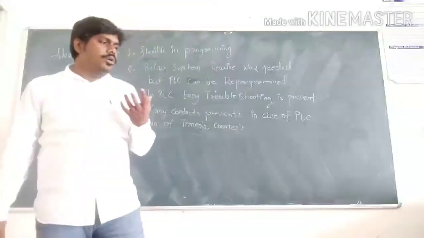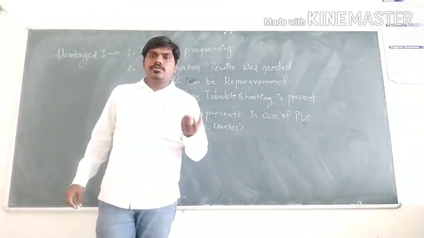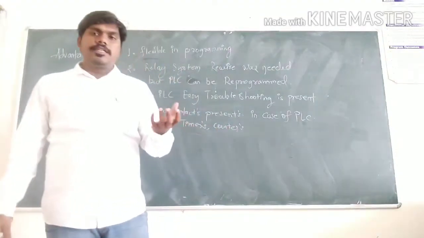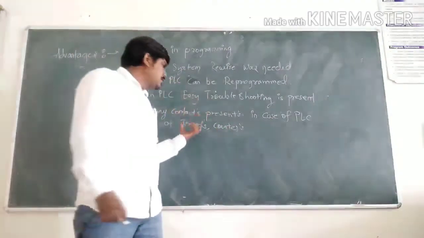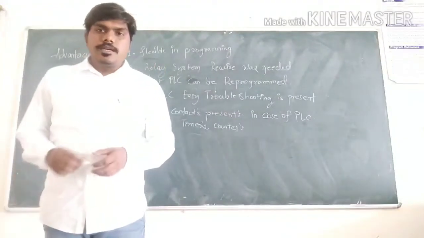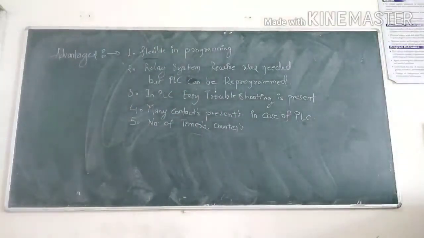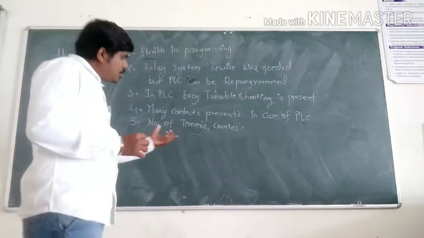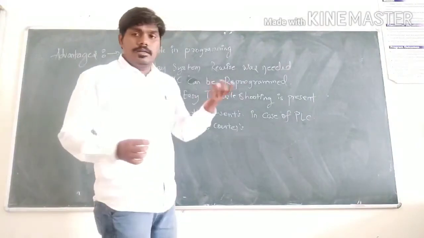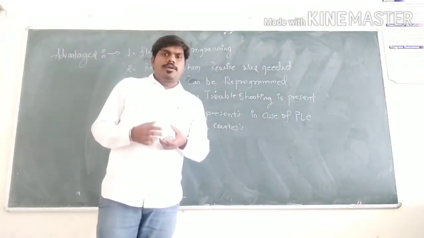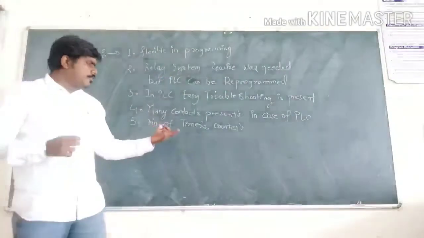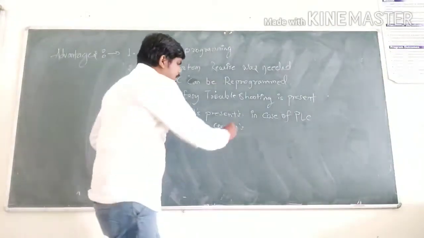If I want my device to be turned on for 10 seconds or 10 minutes, I can keep the device on for 10 minutes with the help of a timer. Similarly, with a counter you can count the process, how many products have been manufactured. There are also relays present.